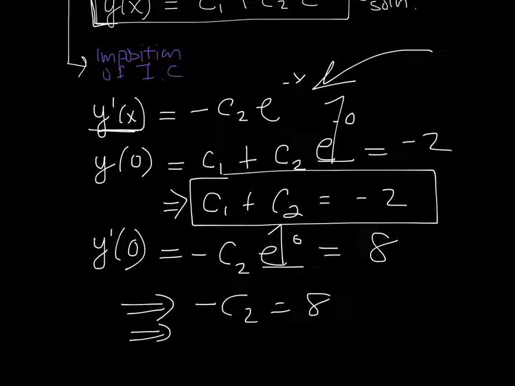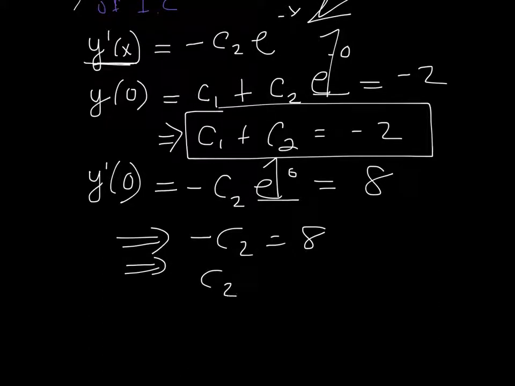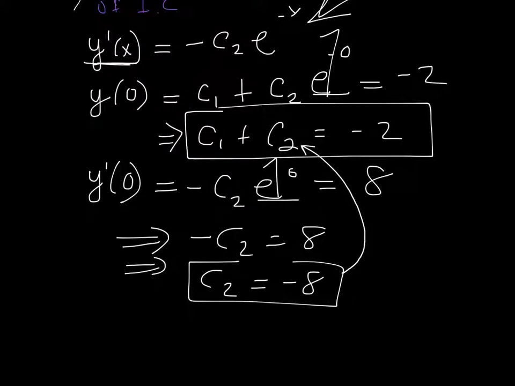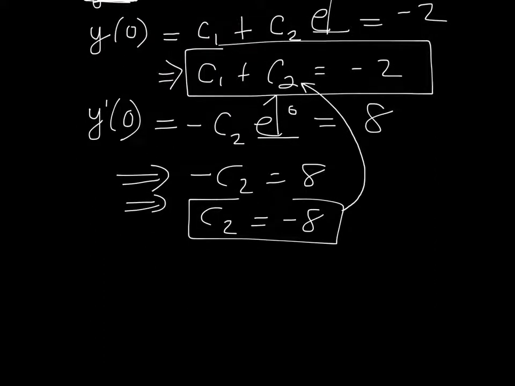So therefore, C2 is negative 8. Okay, so now we found C2, so now we can insert negative 8, just back substitution. So we have C1 plus C2, which in this case is minus 8, equals negative 2. Add 8 to both sides, and then we get 6.